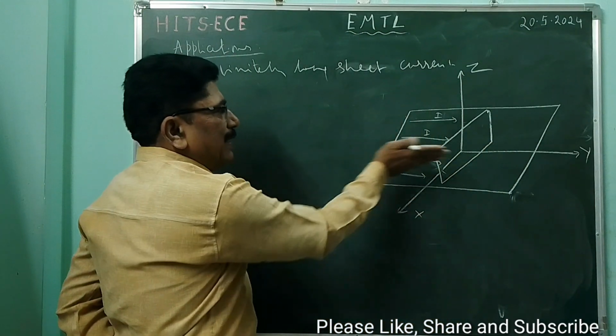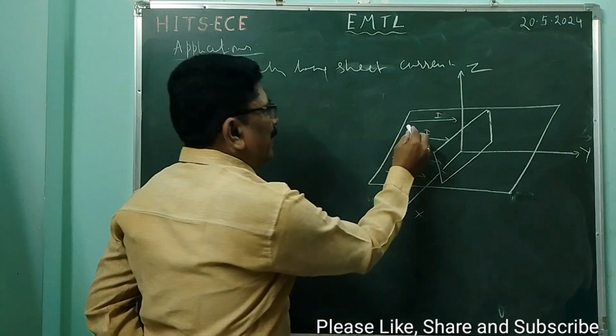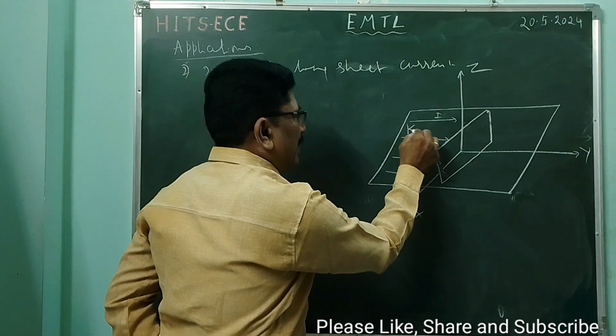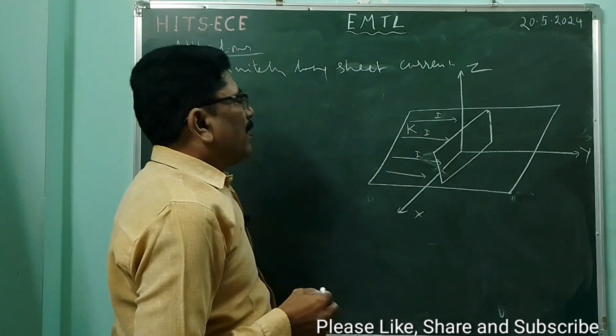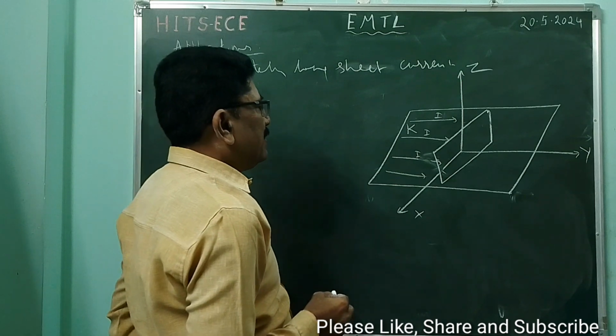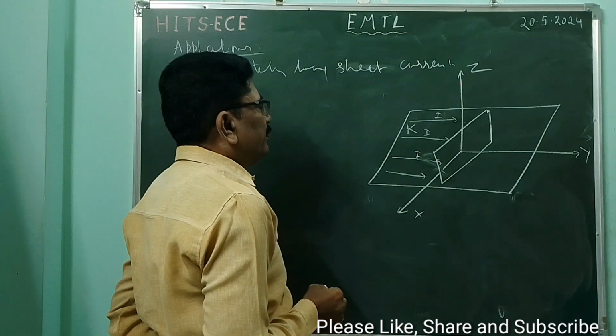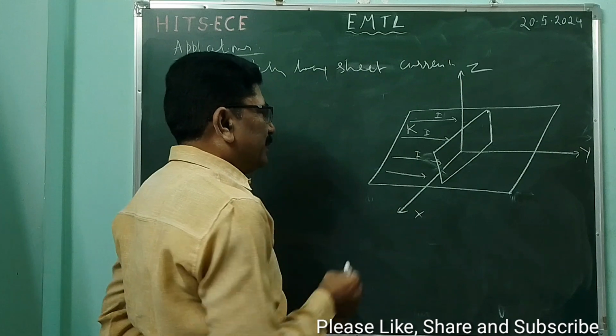The current is flowing in the direction of Y, let it be K. K is the surface current density, in amperes per meter.